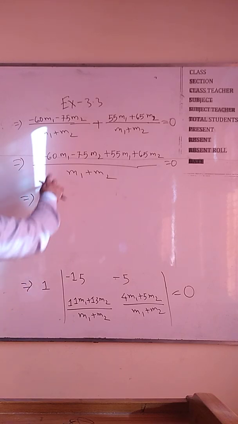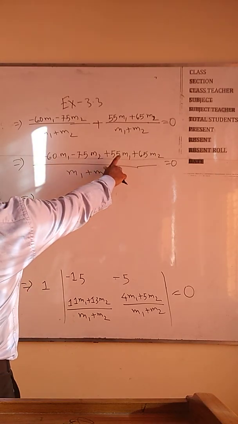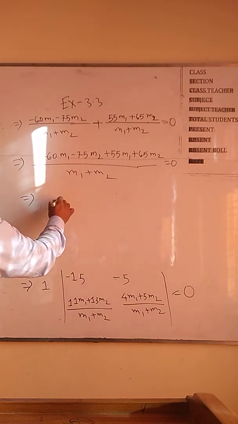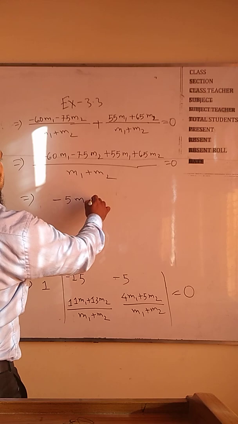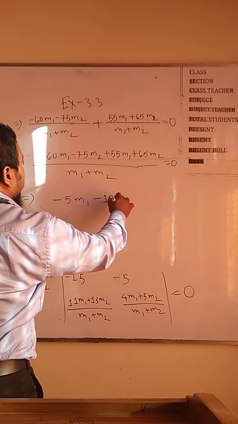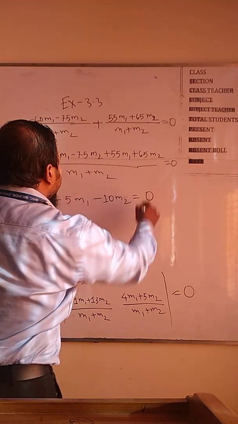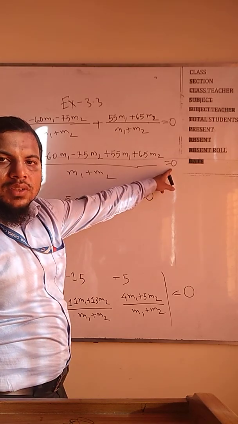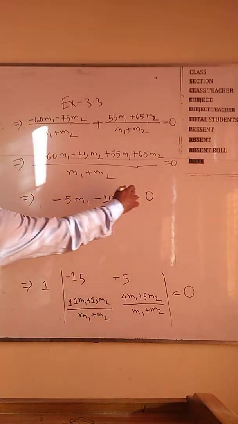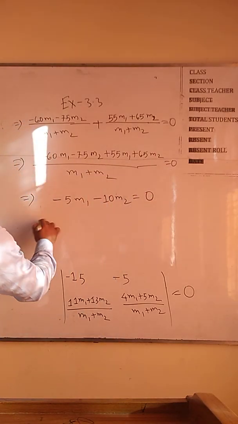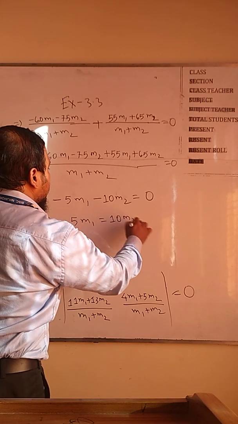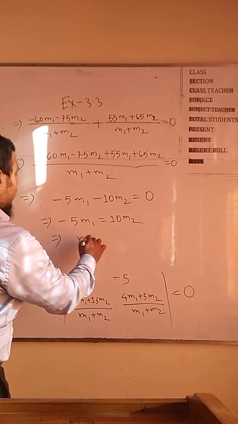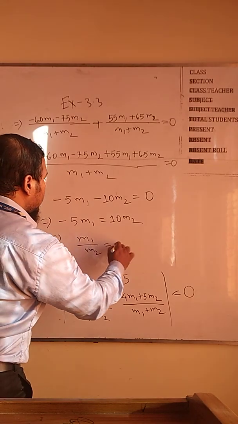So now minus 60m1 plus 55m1 means it is minus 5m1, and minus 10m2 is equal to 0. m1 plus m2 is multiplied with 0, the result is 0. So minus 5m1 is equal to 10m2. Now m1 by m2 is equal to minus 2.